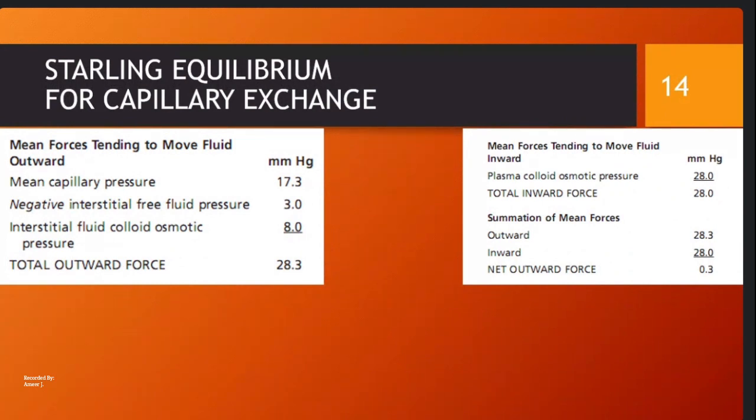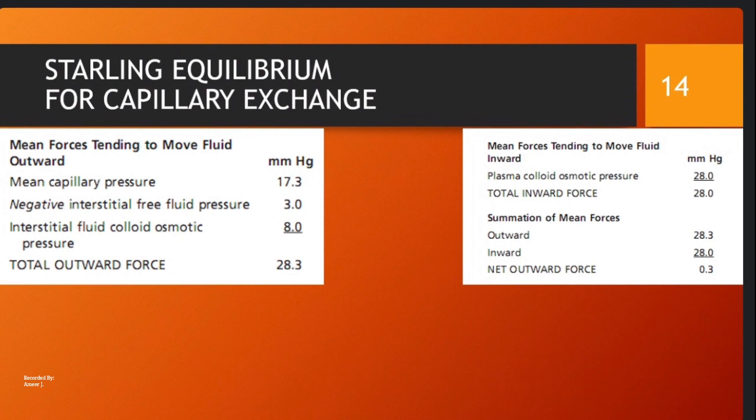In total, the mean forces that tend to move fluid outward are about 28.3. The mean capillary pressure is 17.3, the negative interstitial fluid pressure is 3, and the interstitial colloid osmotic pressure is 8. And therefore, we have 28.3 millimeters of mercury of pressure from the capillary bed into the interstitium.